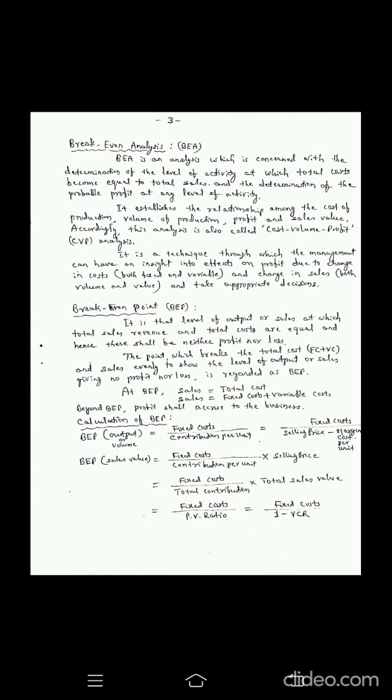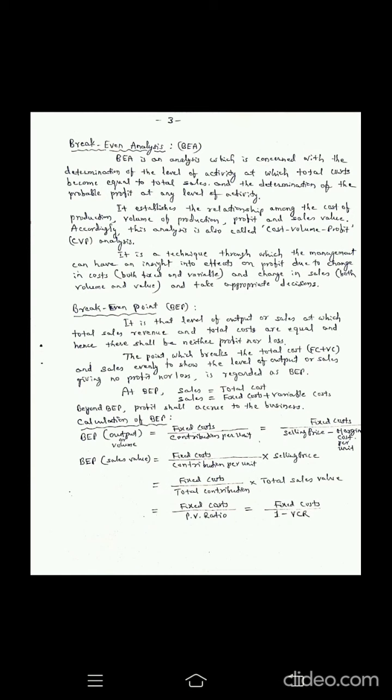BEP in terms of volume is equal to fixed costs divided by contribution per unit. Here contribution per unit is equal to selling price minus marginal cost per unit.